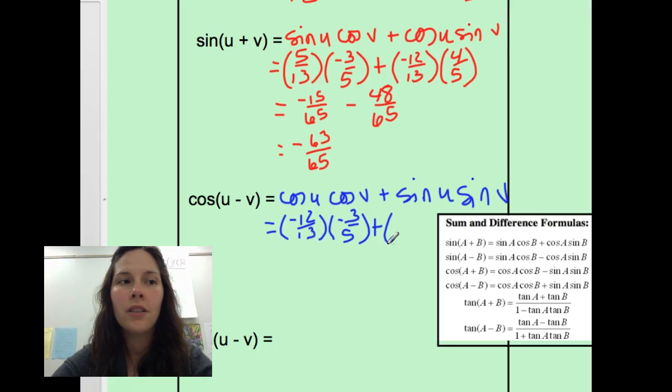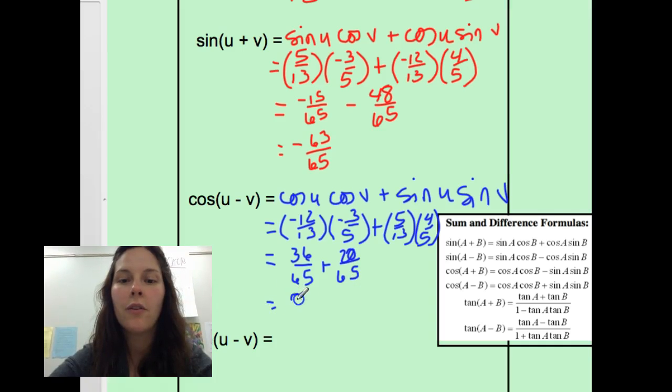Sine of u is 5/13. And sine of v is 4/5. So multiplying across again to get that common denominator, I'm going to do 36 out of 65 plus 20 out of 65 for a total of 56 out of 65.